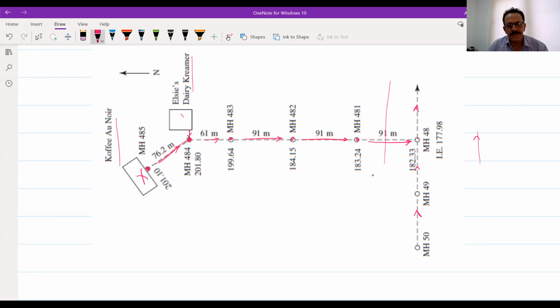Do you have any idea? The distance between each manhole should not exceed 100 meters. This is usual, okay? So you can see here the distance between manholes: 76.2, 61, 91, 91, 91. They are all less than 100 meters, which is very important.